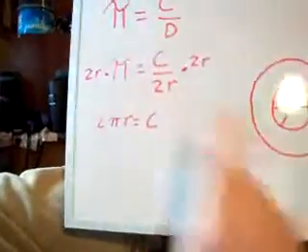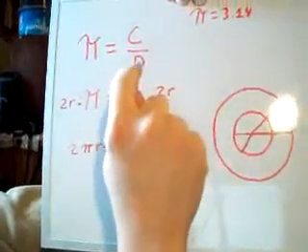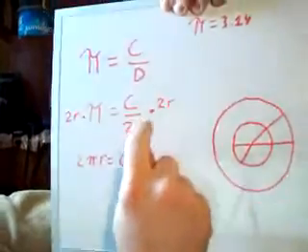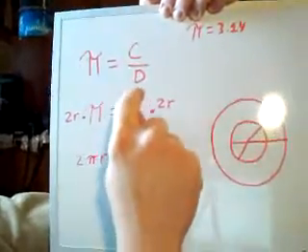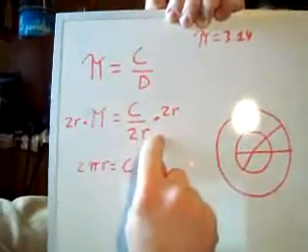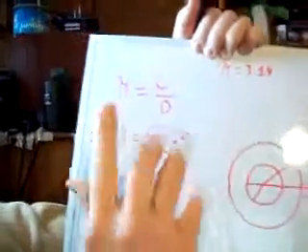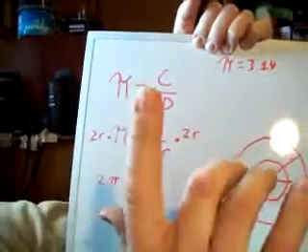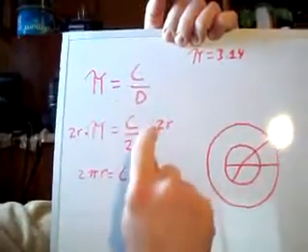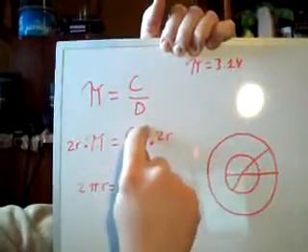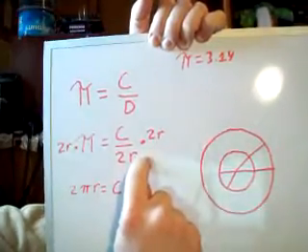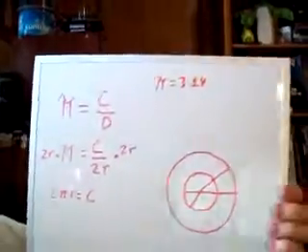So now we have pi equaling the ratio of the circumference of the circle to twice the radius. And I know I stutter a lot, so I'm going to say this one more time to make sure you get this. Pi equals the ratio of the circumference of the circle to twice the amount of the radius.